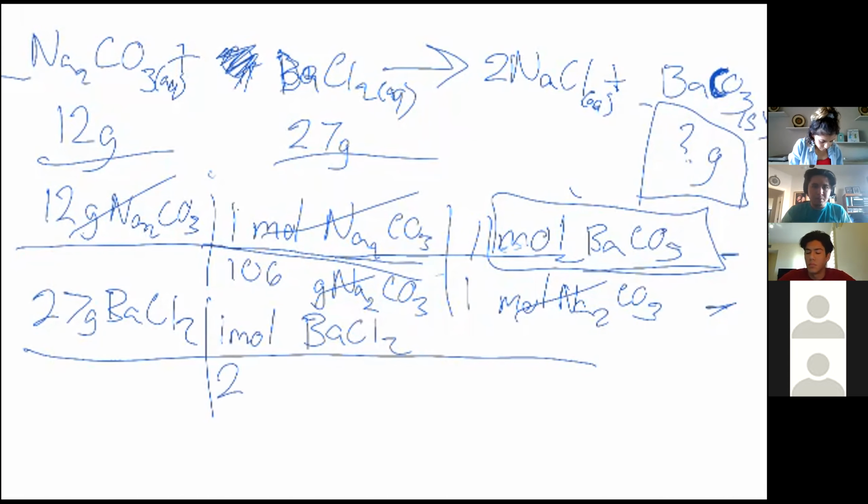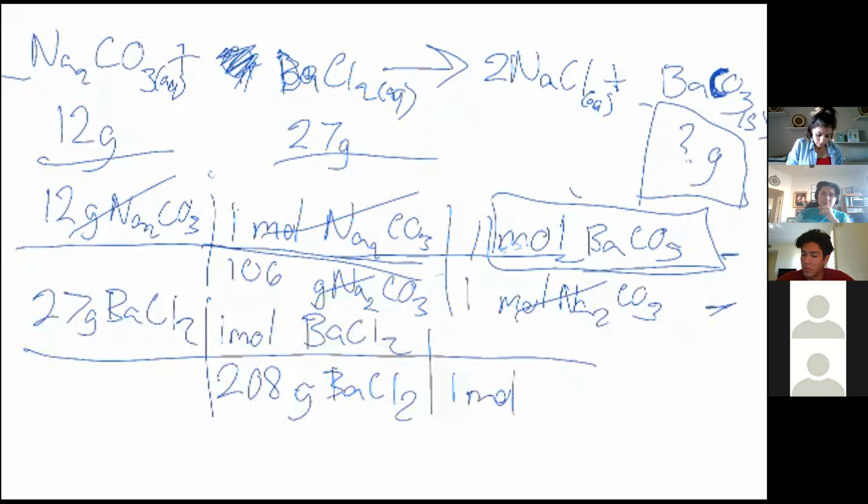Okay. And coincidentally, they also have a 1-to-1 ratio, which leaves us with 1 mole of barium carbonate on top as well.